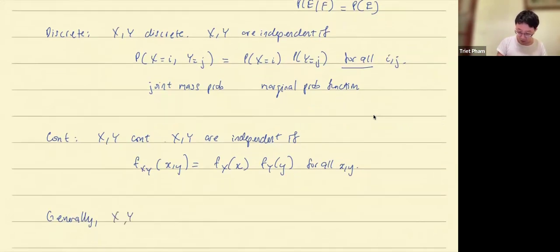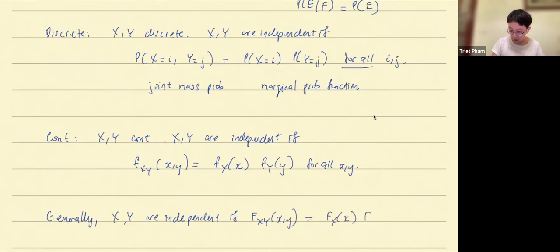X and Y are independent if the joint CDF is a product of the individual CDFs, the marginal CDFs, for all x, y.